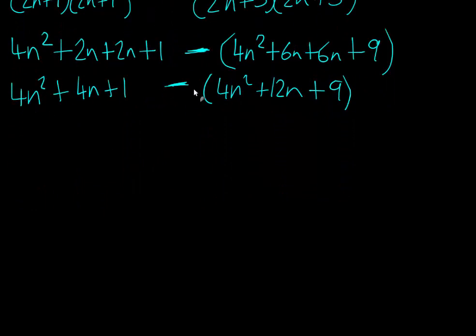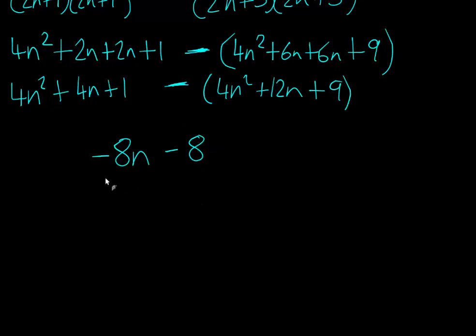So 4n squared minus 4n squared, that will cancel. 4n minus 12n, well, that's minus 8n. And plus 1 minus 9 is minus 8. Okay, if I'd written them the other way around, I wouldn't have had these negatives, but that's okay.